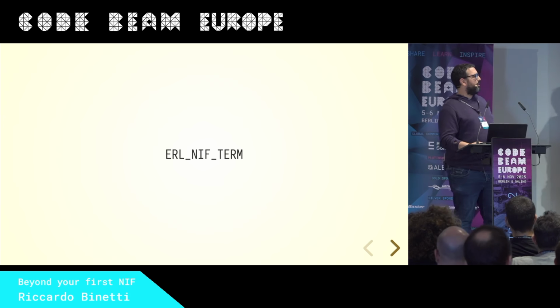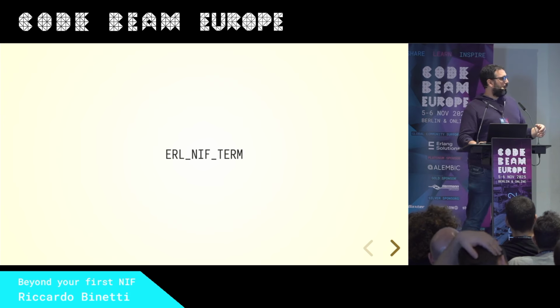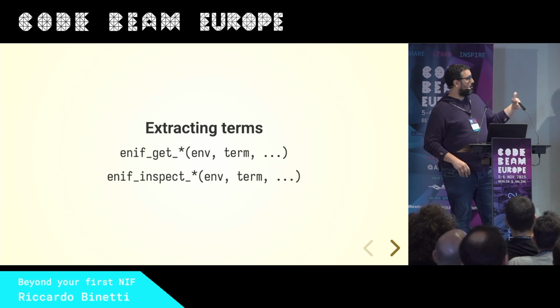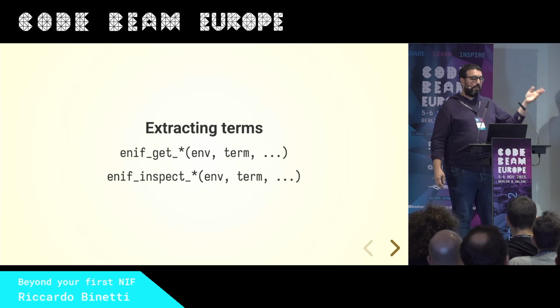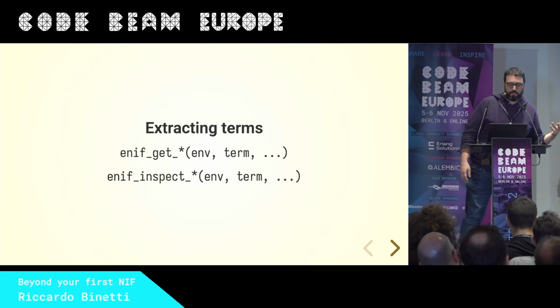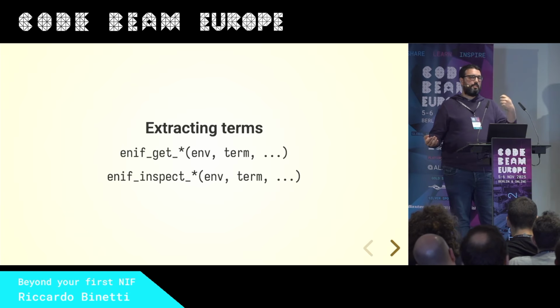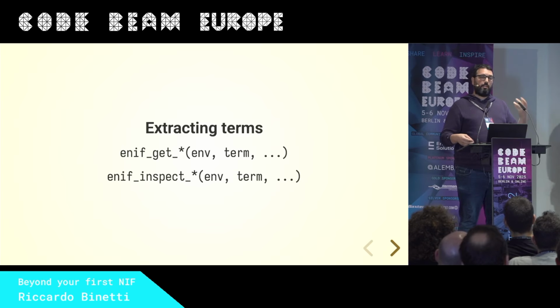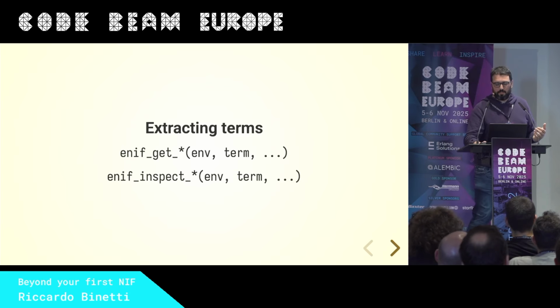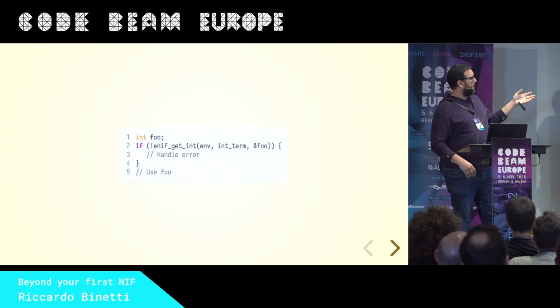To do so, the NIF library provides us with functions to extract terms. We have all the enif_get and enif_inspect functions that allow us to pass in a term and populate a native variable on the C side. This is what they look like.